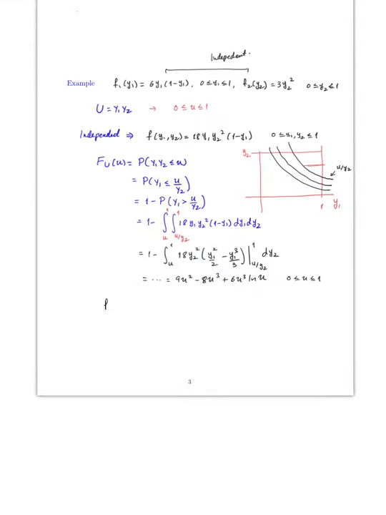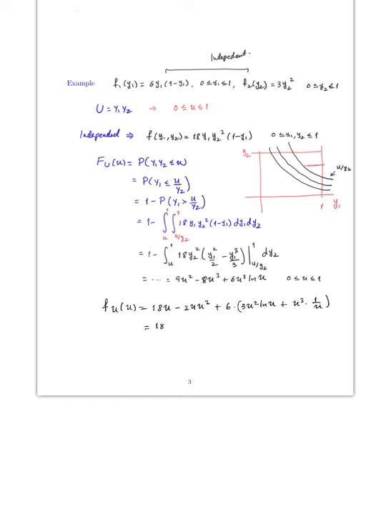So therefore what we really care about is the density function, which you get by just taking the derivative. So this will be 18u minus 24u squared plus 6, and then this will be times 3u squared ln u plus u cubed times 1 over u.